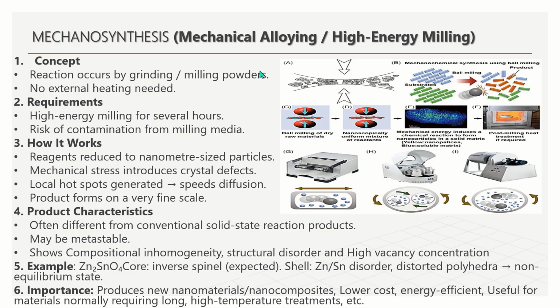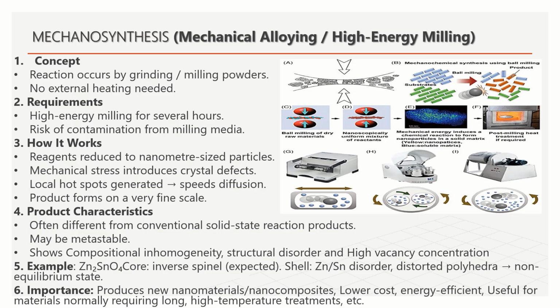So the high energy milling, for example in ball mills, is where the powders are shaken, hit, and crushed repeatedly for several hours. Of course, we must be careful because the milling media, like agate or steel balls, can sometimes contaminate the sample. Even though no external heat is applied, the intense mechanical action does several interesting things.